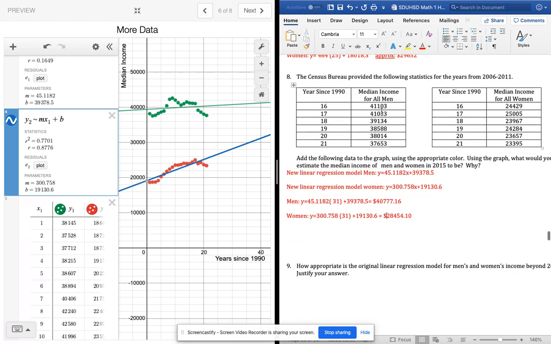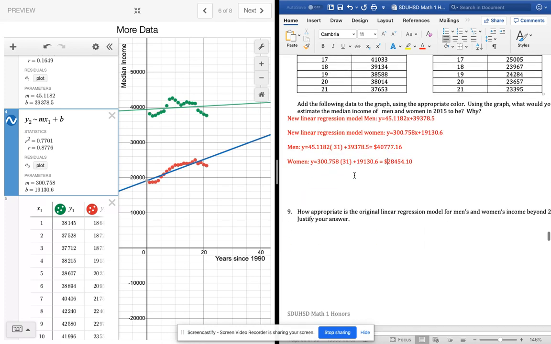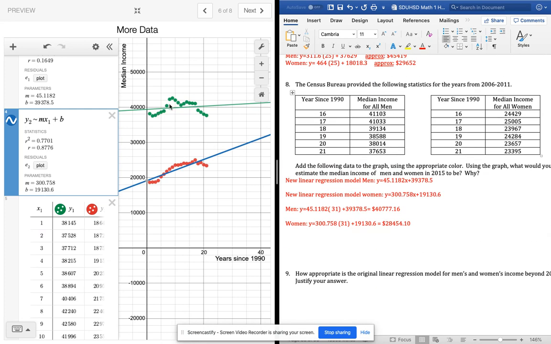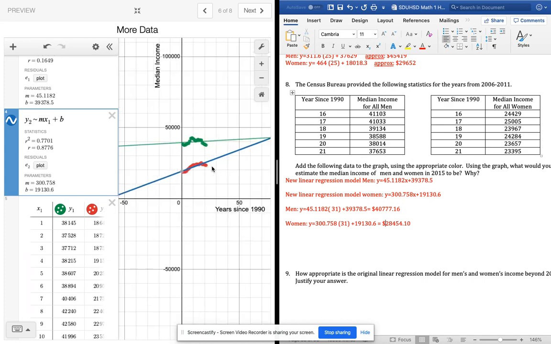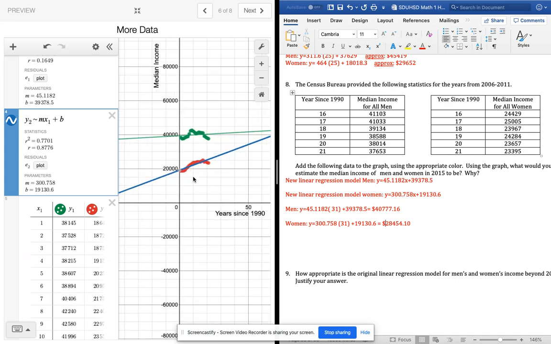Then you can see if these really follow the original model. It looks like it's actually not very appropriate, right? My original data had a pretty strong positive slope, but now the men's started decreasing and the women's started decreasing also.